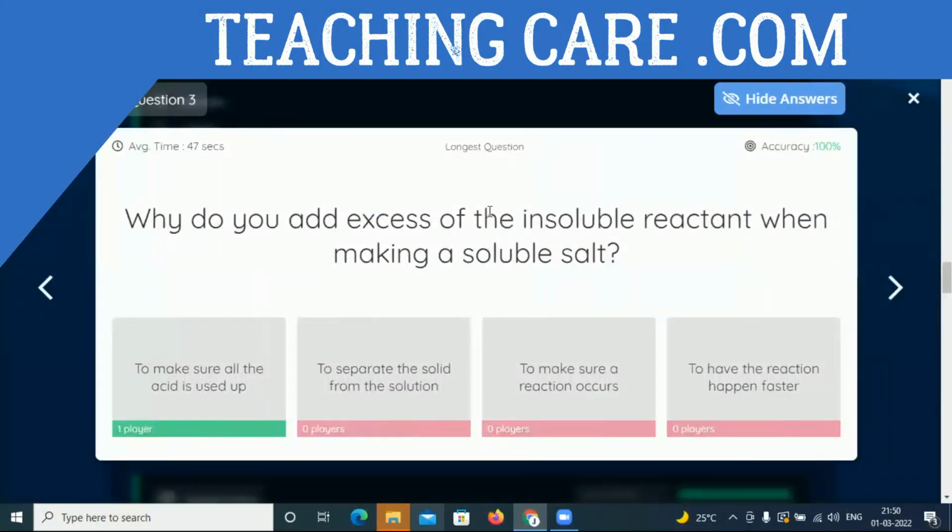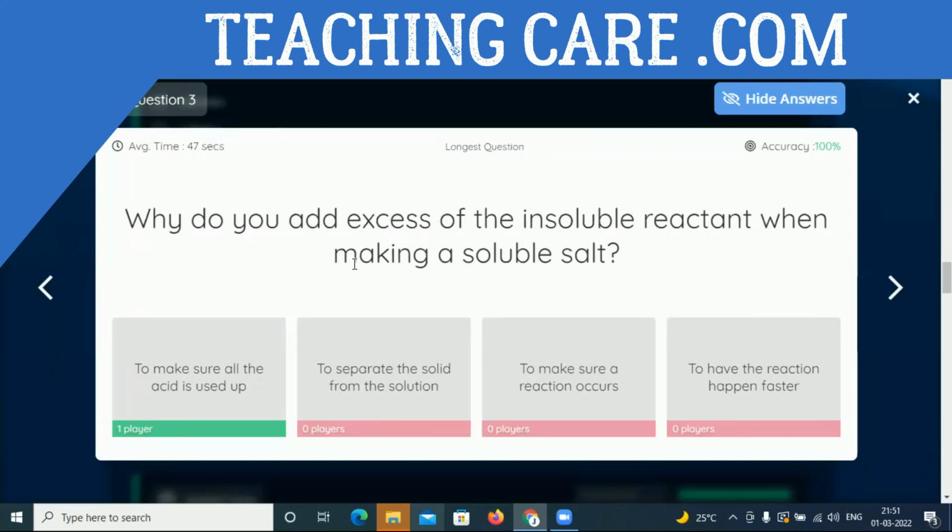Here. Why do you add excess of insoluble reactant when making a soluble salt, right? In the beginning, you remember I showed you the PPT. I said that until and unless you prepare a saturated solution, you will not come to know whether all the acid is being utilized. Remember that statement, that you need to make it saturated so that at the end you know everything in it is used up and there is nothing left to be used up.